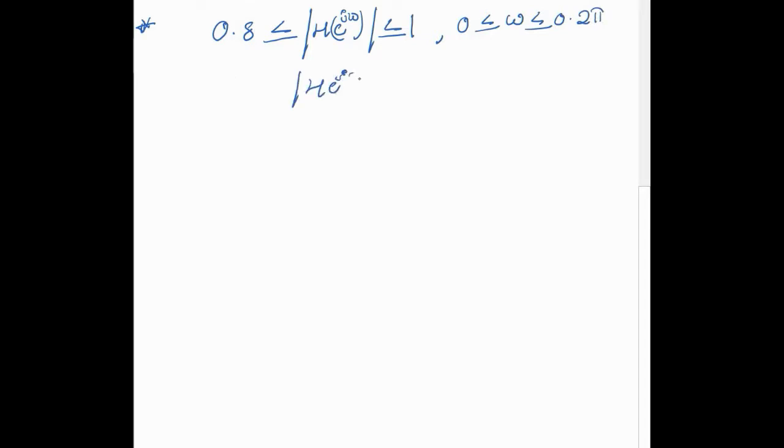The question is given as 0.8 less than or equal to modulus H of e power j omega less than or equal to 1, for 0 less than or equal to omega less than or equal to 0.2 pi, and modulus H of e power j omega less than or equal to 0.2, for 0.6 pi less than or equal to omega less than or equal to pi.